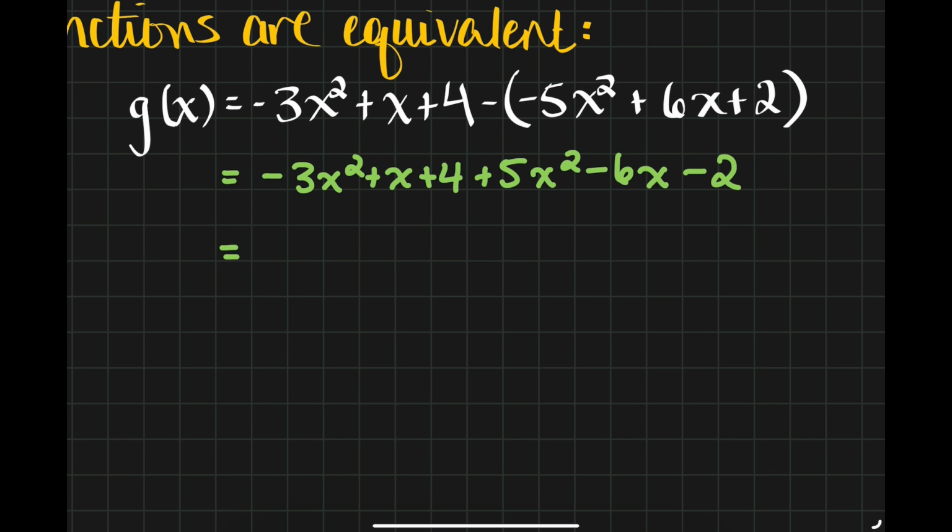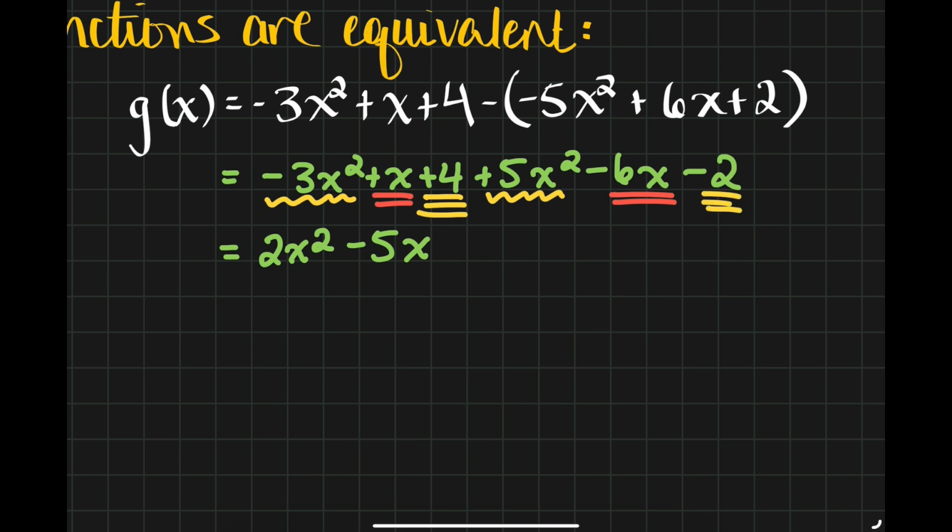And again, we're going to go ahead and collect like terms. So we have negative 3x squared and positive 5x squared, which gives us 2x squared. Next, we have positive x, negative 6x, which gives us negative 5x. And lastly, we have positive 4 and negative 2, which gives us positive 2.